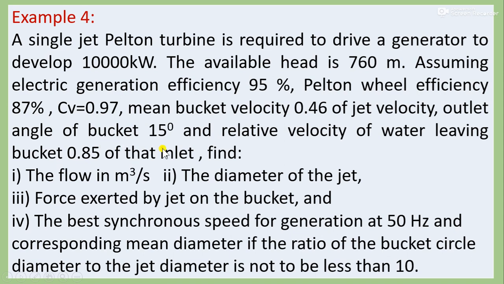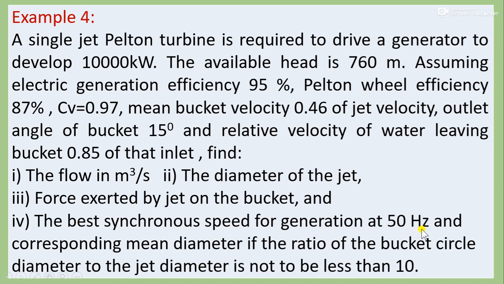Outlet angle of bucket phi is already given, and relative velocity of water leaving the bucket, means VR2, is 0.85 times the inlet, means VR1. And we are asked to calculate flow rate, means discharge, diameter of jet, means small d, force exerted, and best synchronous speed. Now this is something different concept we will see in a later slide.